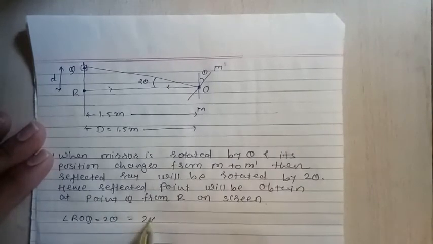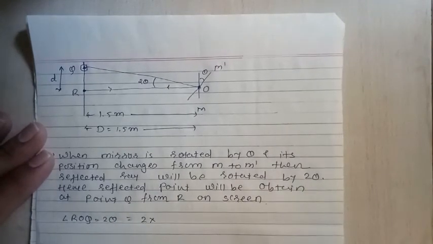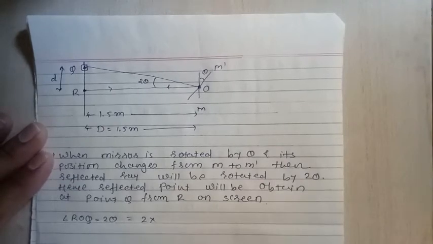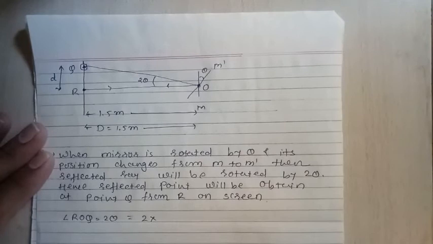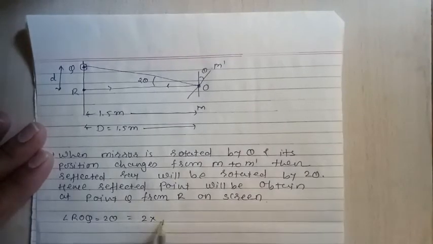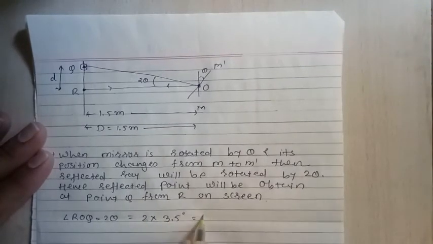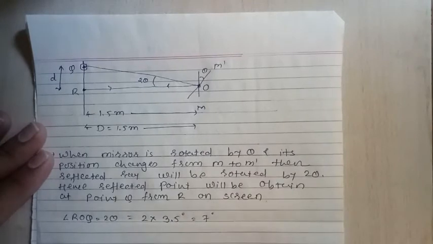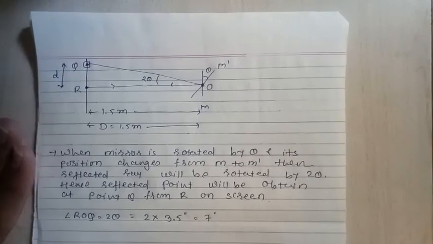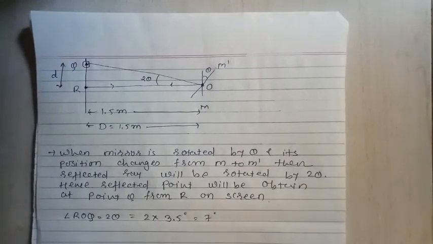Here a current in the coil produces a deflection of 3.5 degree. So here angle theta is 3.5 degree, so 2 theta we get 7 degree. Now we have to find out the displacement.